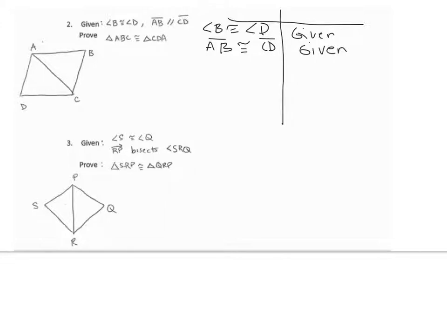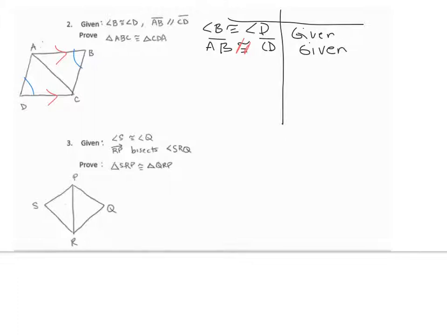Okay, for the next proof I wrote down my givens, so now I'm going to mark them on a diagram. So I know that angle B is congruent to angle D, and actually this shouldn't say congruent, it should say parallel. So AB is parallel to CD.